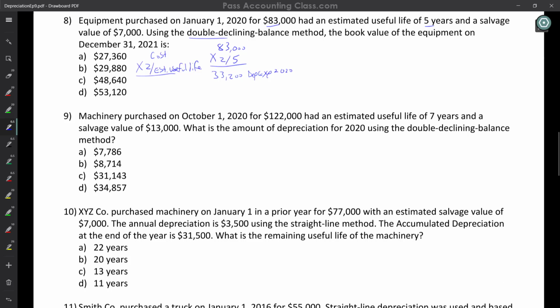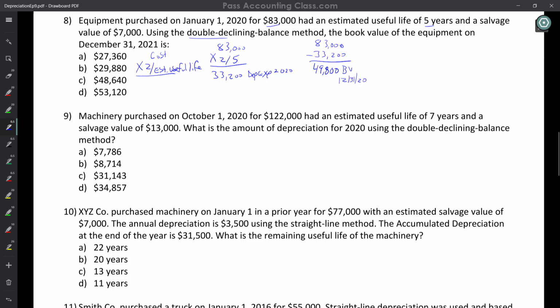Next, what we're going to do is we're going to take this 83,000. We're going to reduce it by the depreciation expense for 2020. So that's 33,200. And when we do that, we end up with 49,800. So this is the book value on 12/31/20.